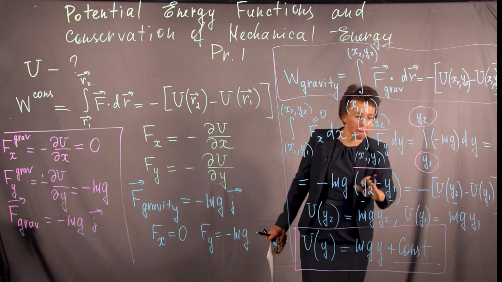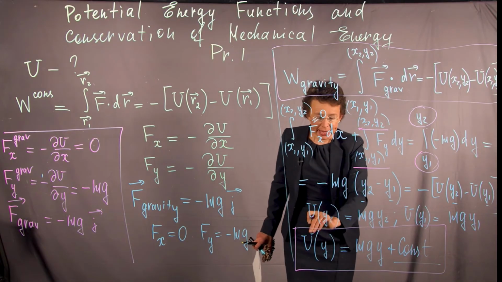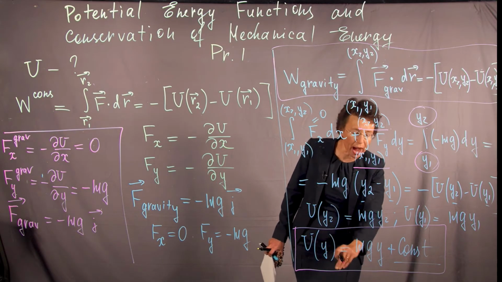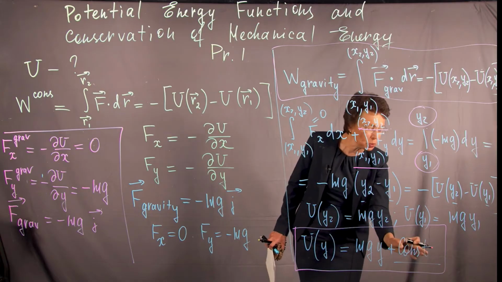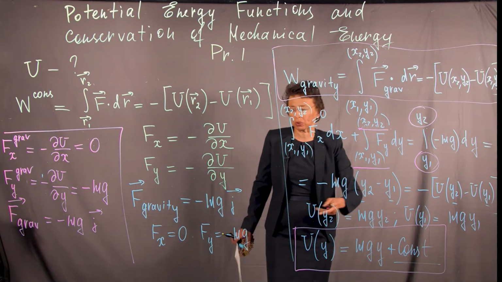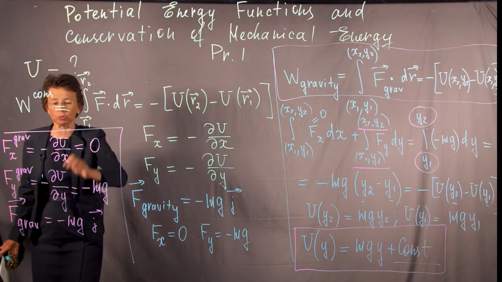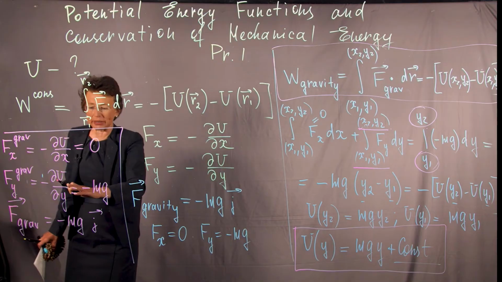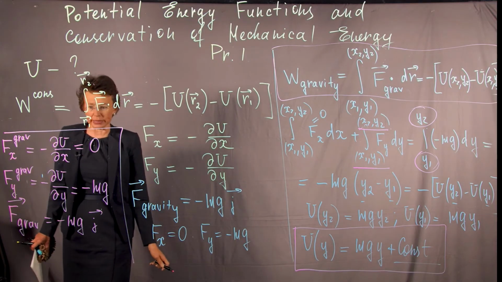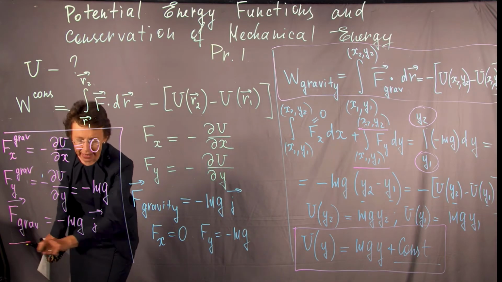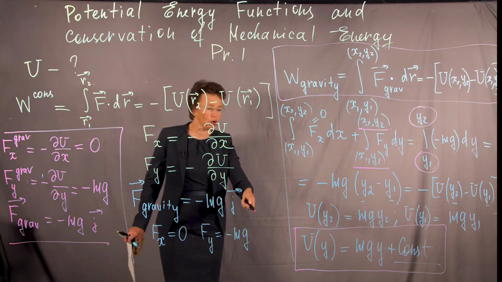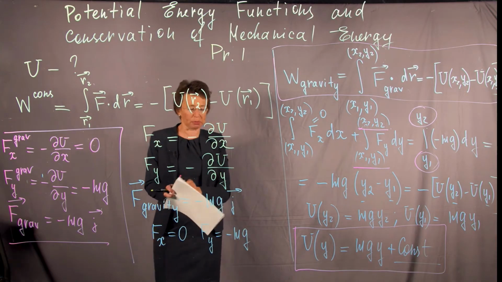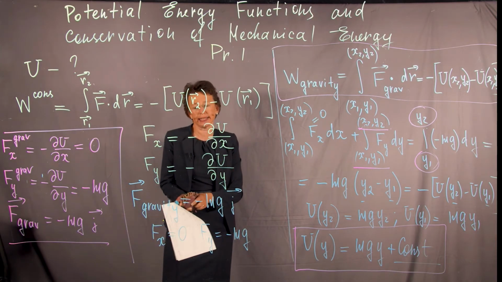So we compared left-hand side, right-hand side, and we figure out that u at any point y, u as a function of y, is mgy, and we added constant, because we understand when we differentiate back to make sure that we retrieve all information about force of gravity from our potential energy function, derivative of constant will be 0. So we differentiate back, and yes, it works. We proved that force of gravity is conservative force because the potential energy function exists, and we know it.